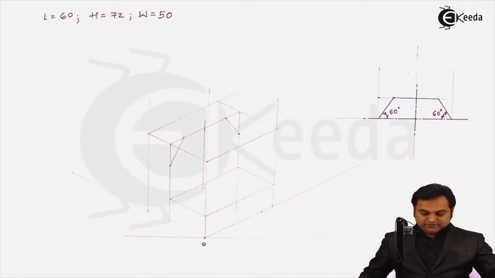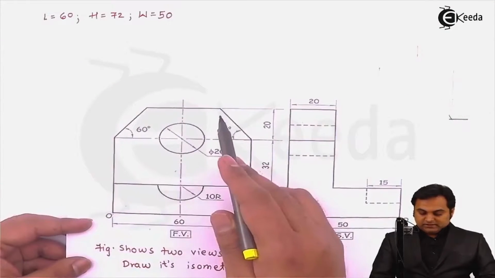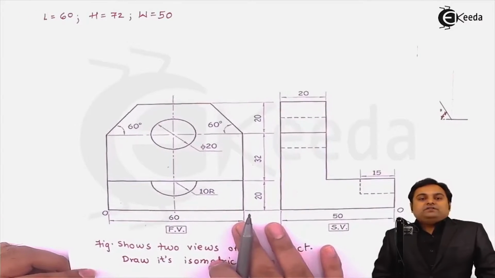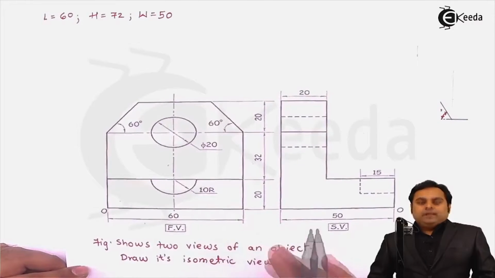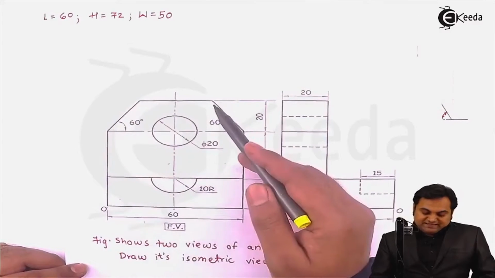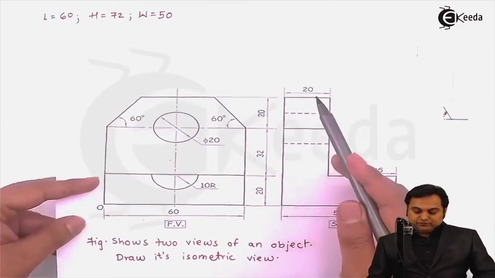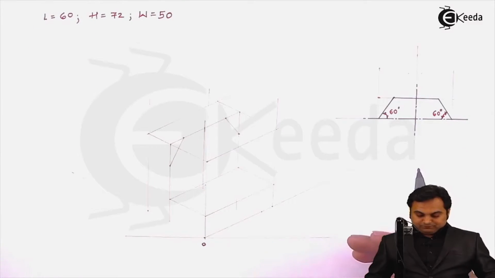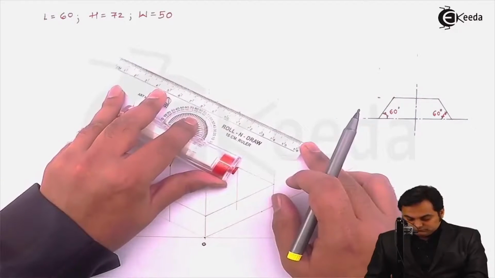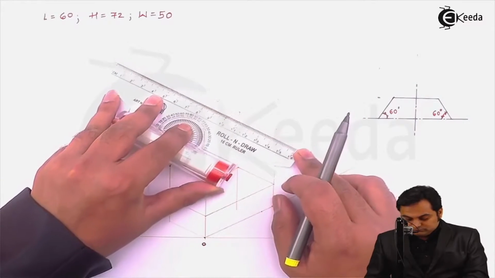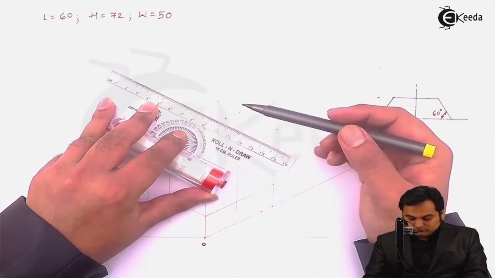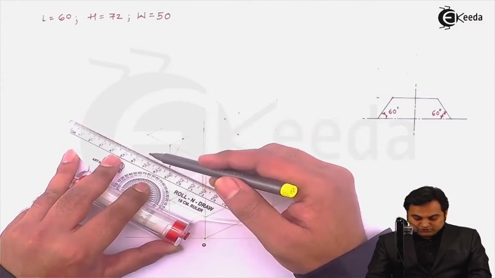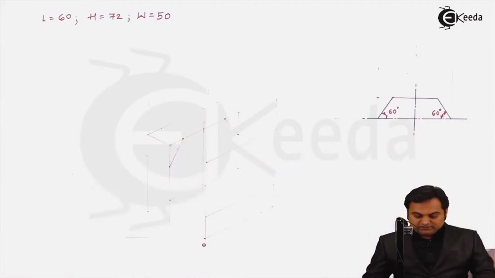Next, here I am getting this surface, and in case of isometric projections, the surfaces are 3D, that is three dimensional. So once I've got the surface as a 2D figure, it is having a width of 20 mm. So that width I'm going to project it back, projecting it back with the help of light lines.